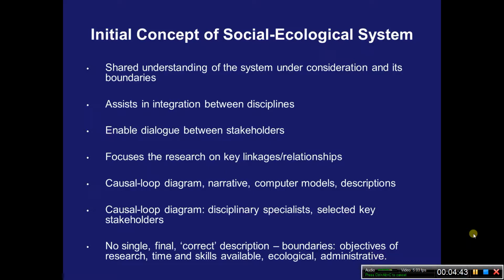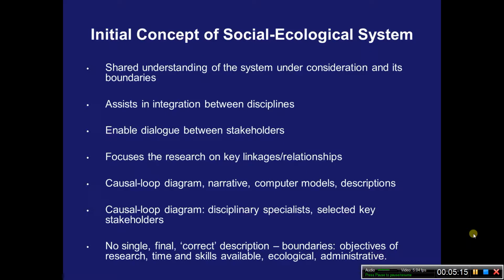Now, one of the key activities in defining the social ecological system is delineating the boundary. The spatial boundary might be determined by a range of different factors that are a combination of more objective elements, such as municipal boundaries or catchment areas, but it also involves a number of subjective elements: considerations of expediency, what resources are available, how much time is available, and so on.